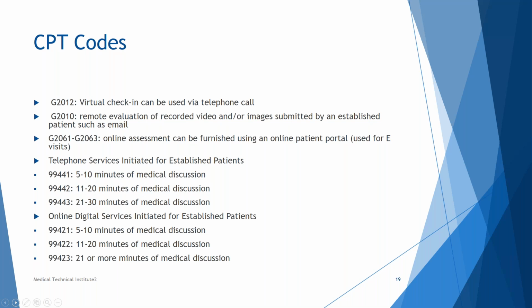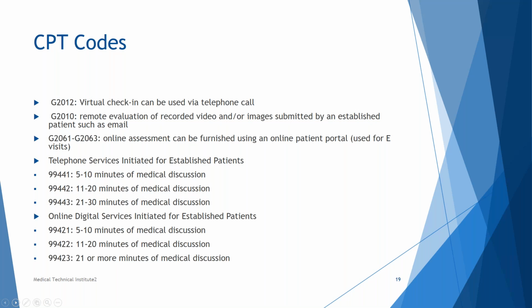G2061 to G2063, online assessment, can be furnished using an online patient portal. Now, this will be used for your e-visits. Your telephone services are initiated for established patients. All these are time increment codes.